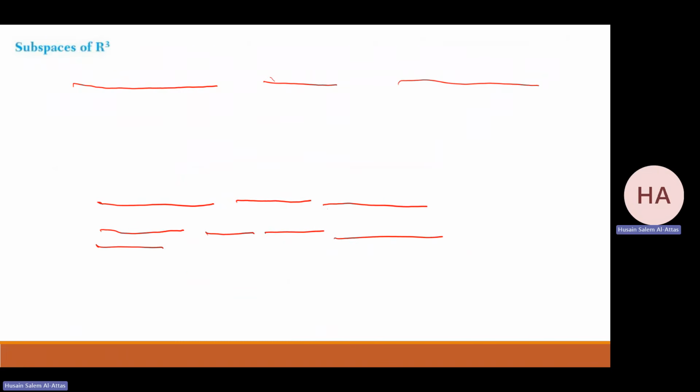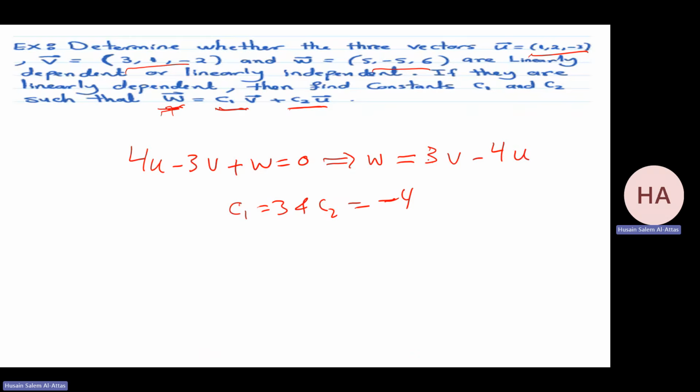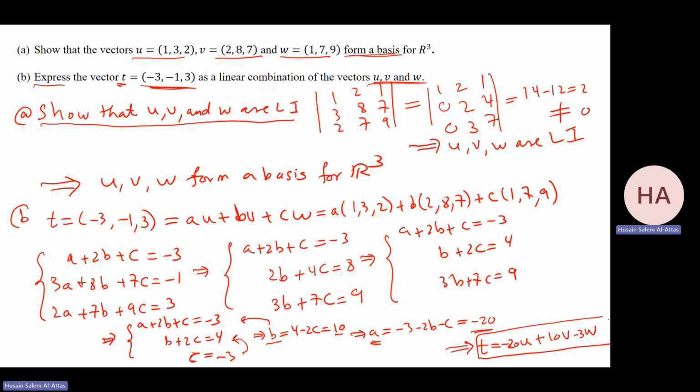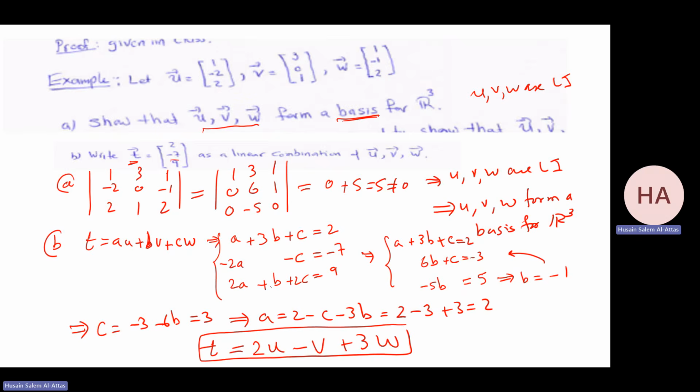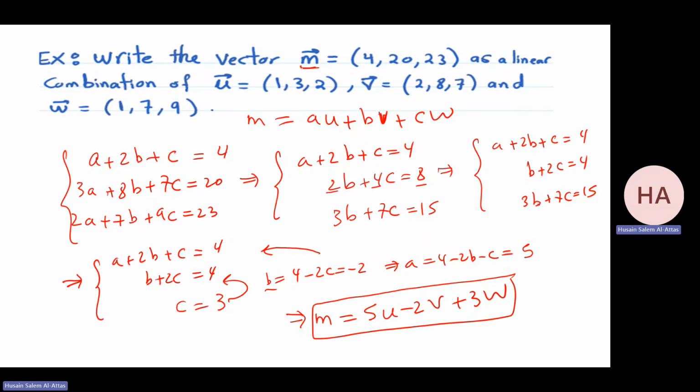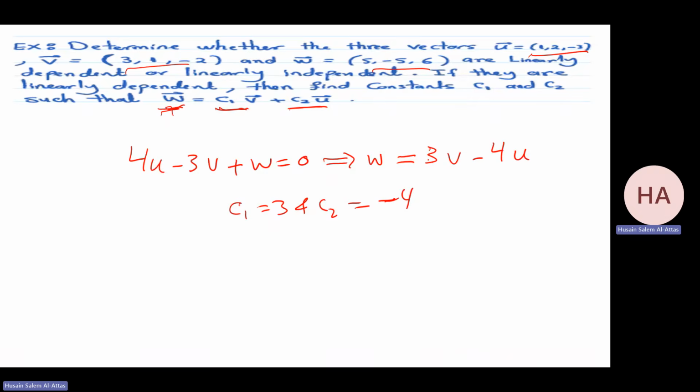Then we moved to questions showing whether vectors are dependent or independent, either by finding A, B, C not zero to show they are dependent, or if A, B, C are all zeros, then they are independent. Also we can use the determinant. And if they are 3 vectors in R3 and linearly independent, then for sure they form a basis. That also shows how we can write a vector as a linear combination of the others. This is what we did in all of these problems.